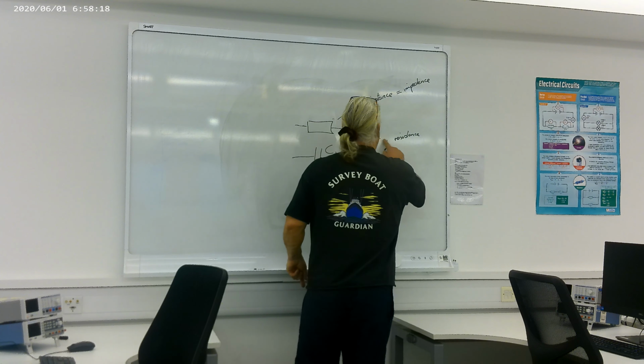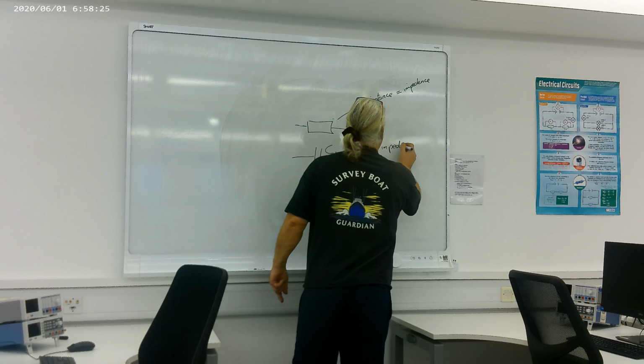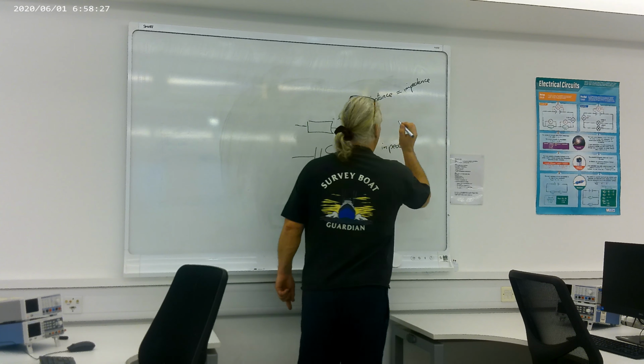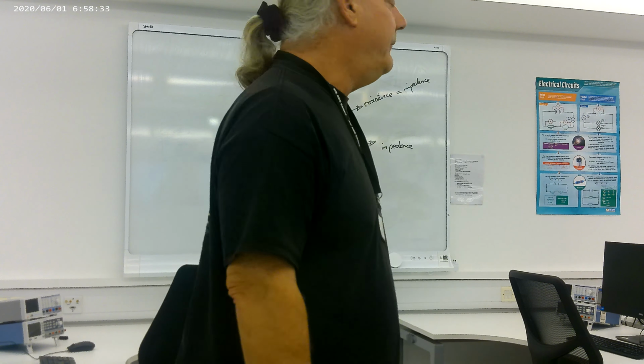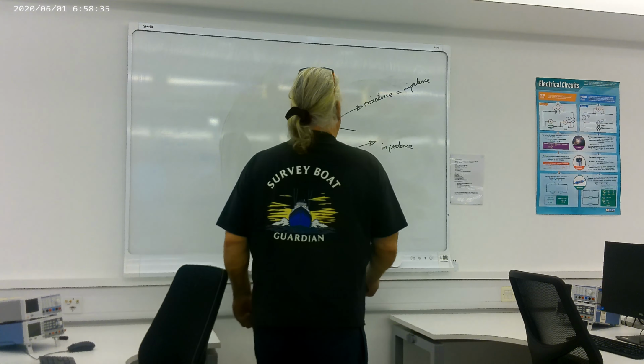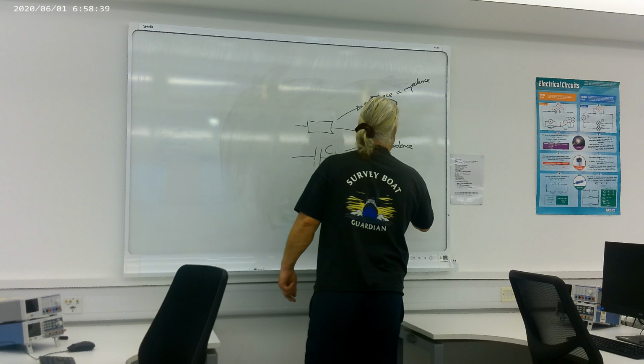So its AC resistance, or its impedance, is a function of frequency. Now, a function of, what does that mean? Well, it just means that you've got something which is acting on it.